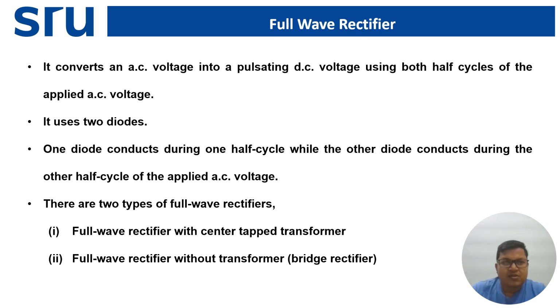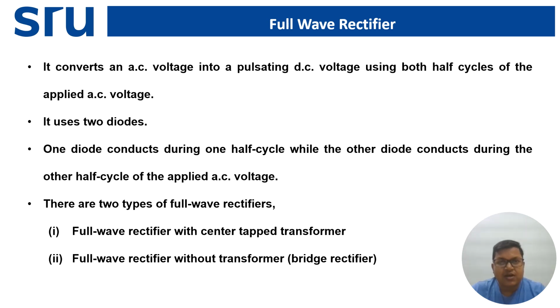It converts an AC voltage into a pulsating DC voltage using both half cycles of the applied AC voltage. So here comes the difference.